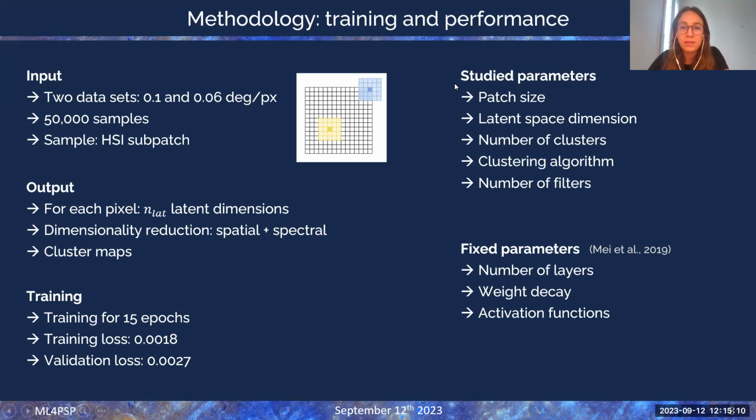We studied a set of parameters and how they affect the results, such as the patch size, number of clusters, and so on. I will not discuss this here, but it has important implications in the results, so feel free to ask questions if you are interested. Other parameters we keep fixed, as proposed in the original architecture.